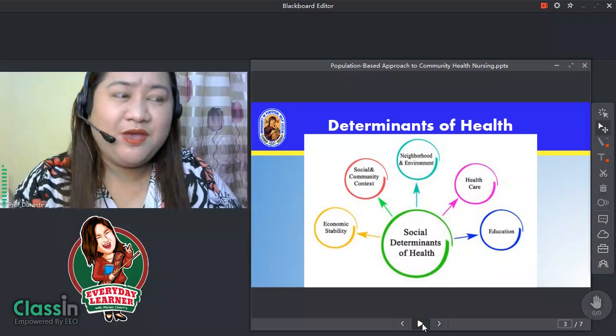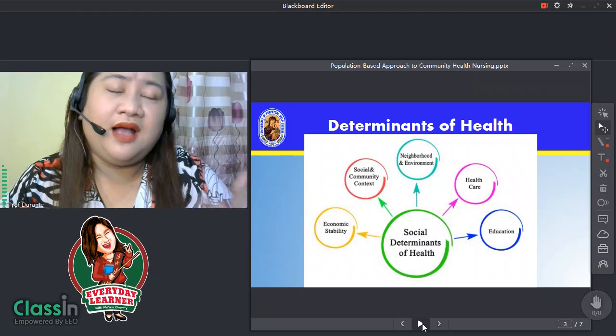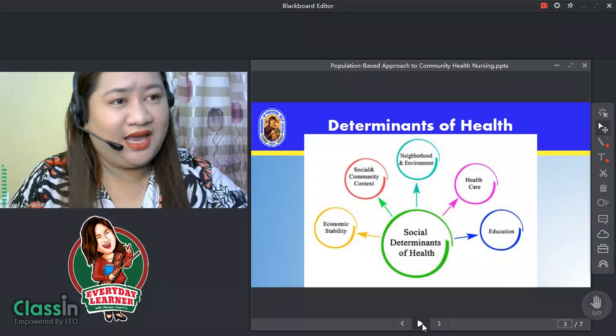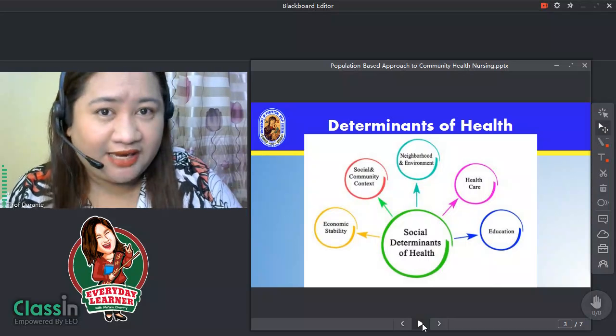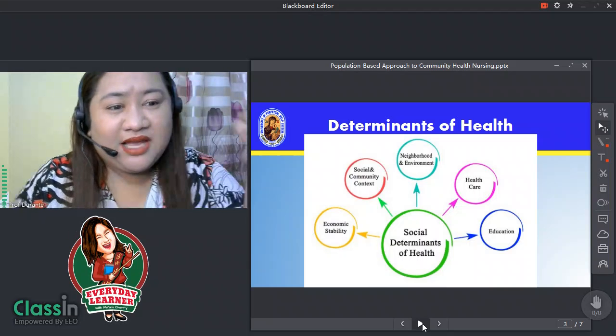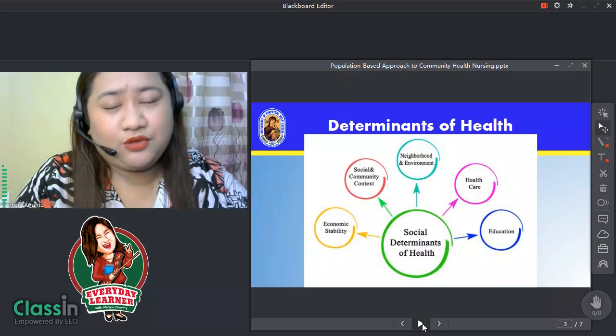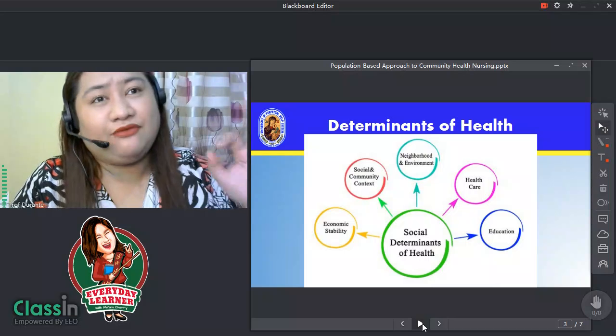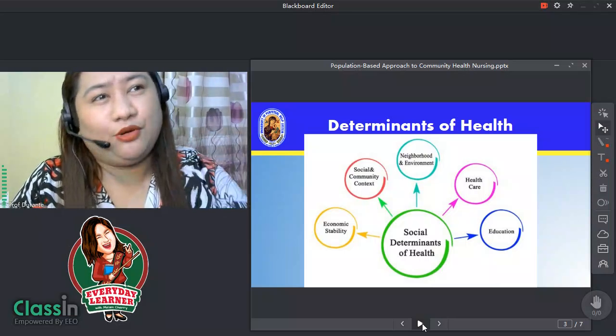However, maybe you can adjust your plan to accommodate the neighborhood by, let's say, what about container gardening, or vertical gardening if there are no land areas? So these determinants play a role when you approach a community.